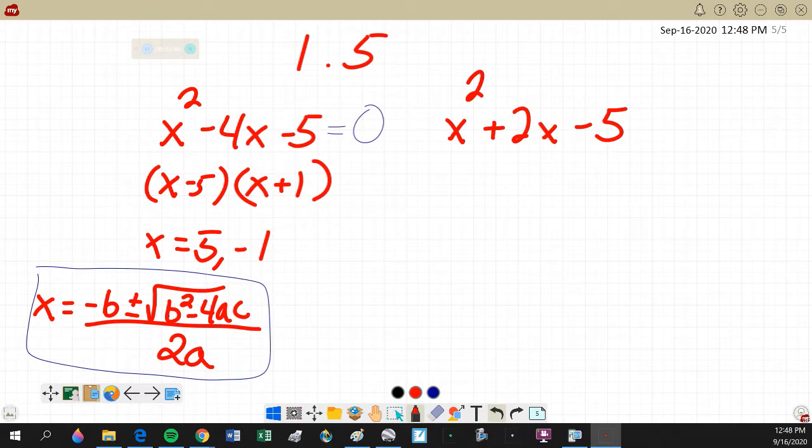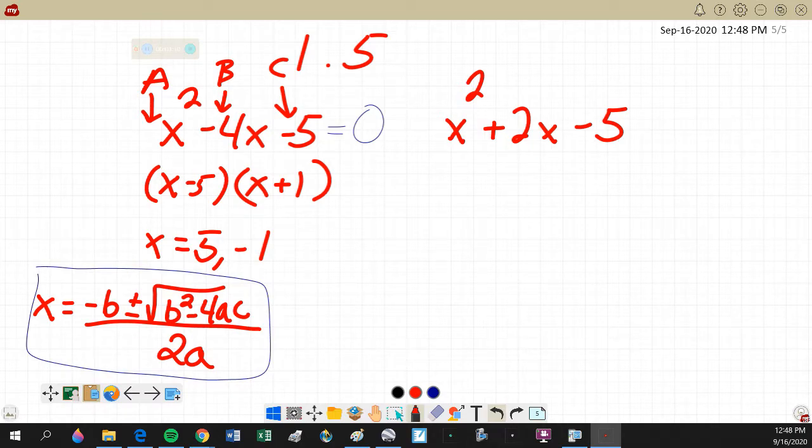And when we do that, a is this number, b is this number, and c is this number. The formula is right here on this poster. It'll always be there, so you don't have to memorize the formula.